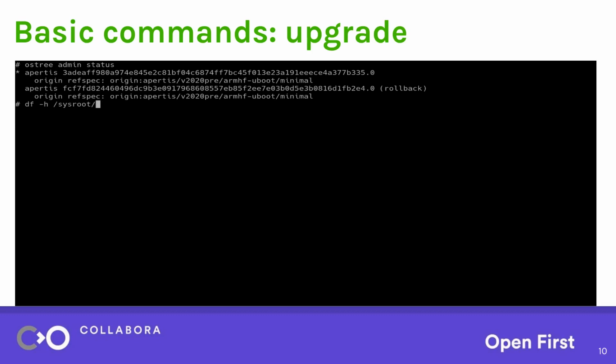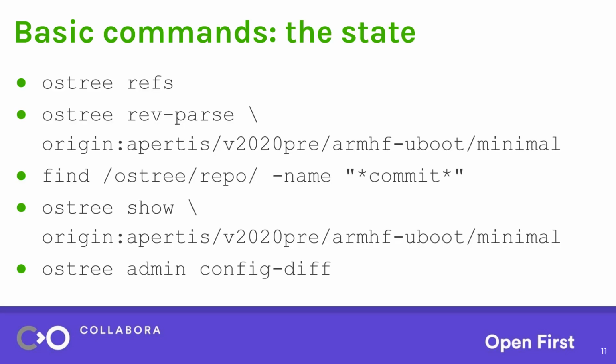And we see that disk usage is not so big, only a bit more than 100 megabytes used per new deployment, 70 megabytes for binary updates, and some disk space for technical needs and the etc directory. Now I will try to collect some useful information about the current operating system and deployment state.